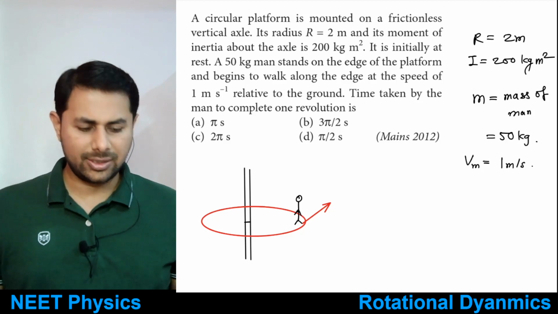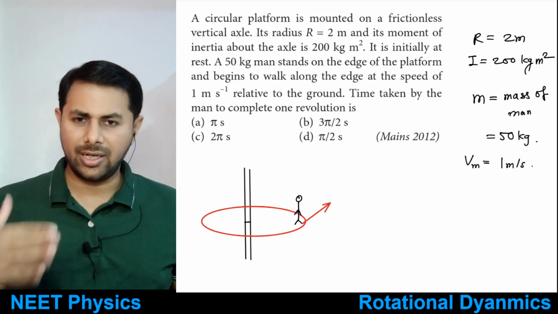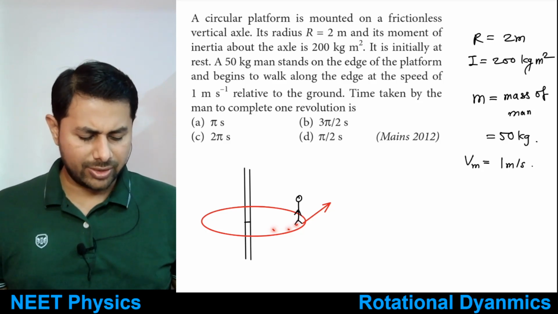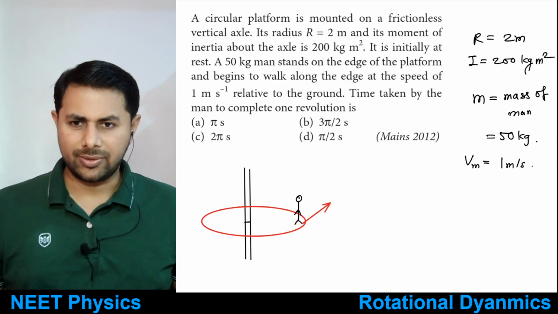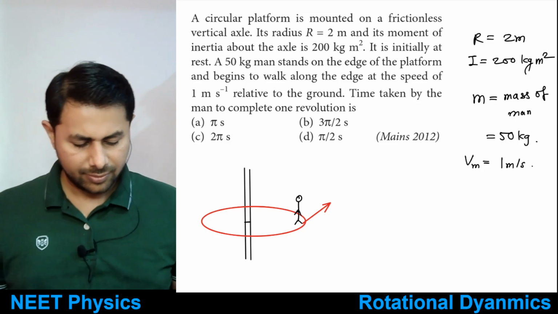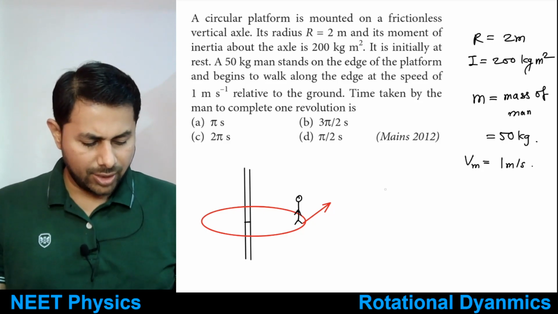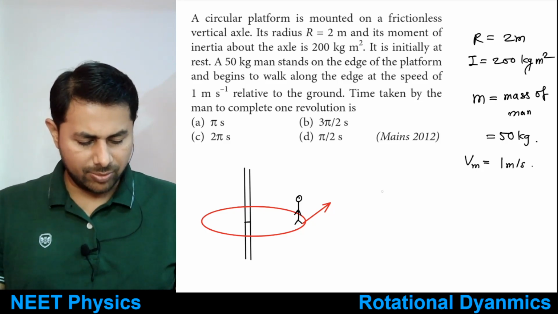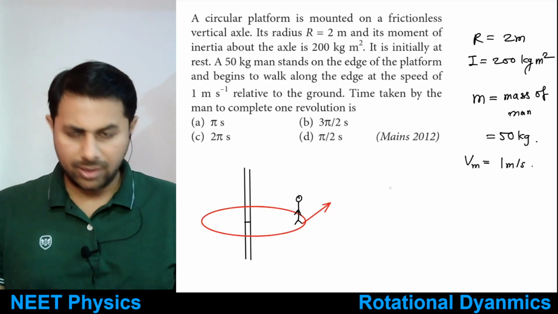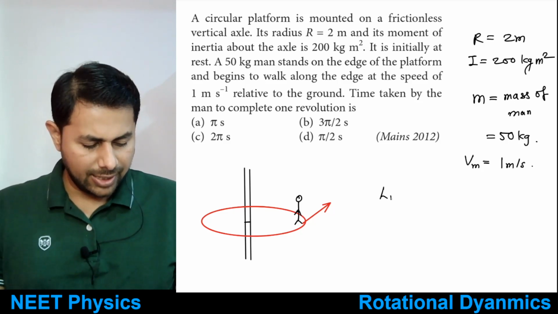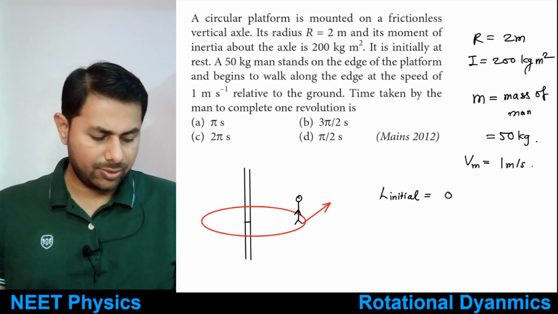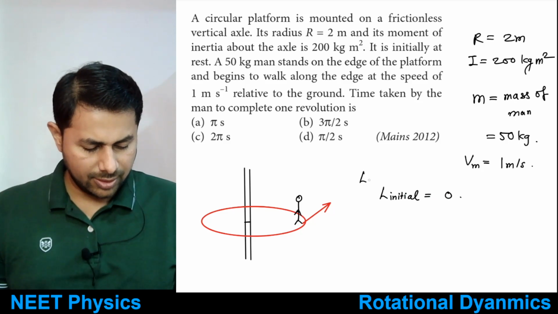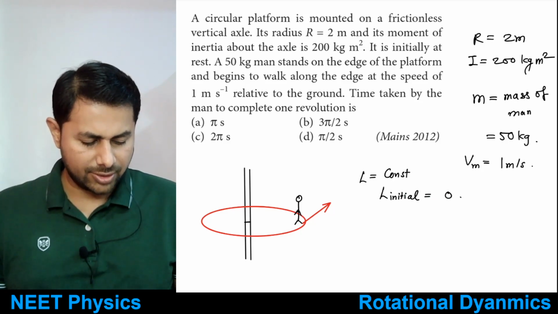There is no external body which is exerting any force. It's the man walking on the disk. Total angular momentum should remain conserved, right? Therefore I can say initial angular momentum, initially both were at rest, so L initial is equal to 0, and L is conserved, L is constant because no external torque.